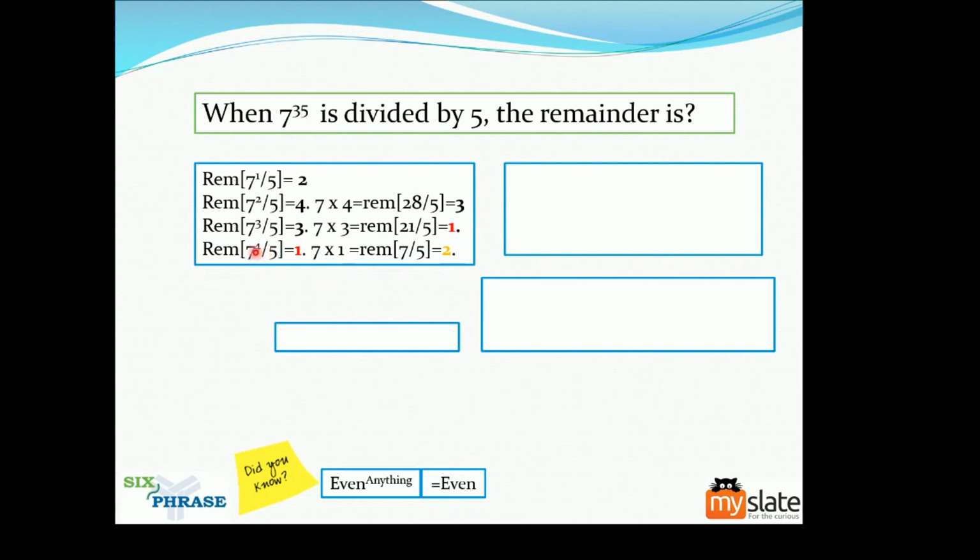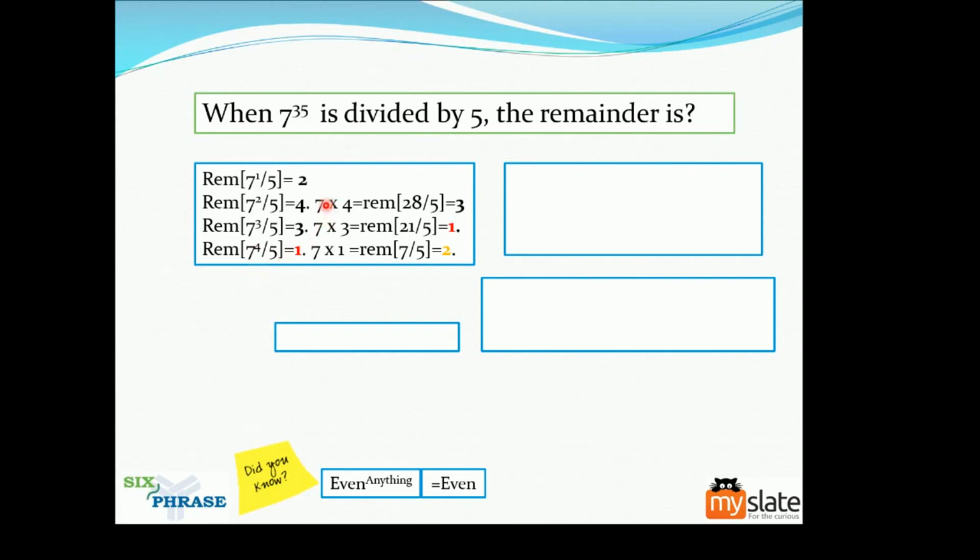So what is 7 power 4? Very few people know what 7 power 4 is. It is 343 into 7. So this is where this helps.